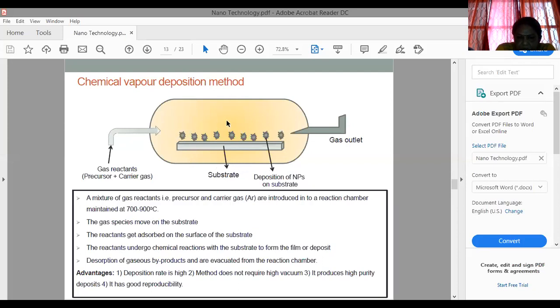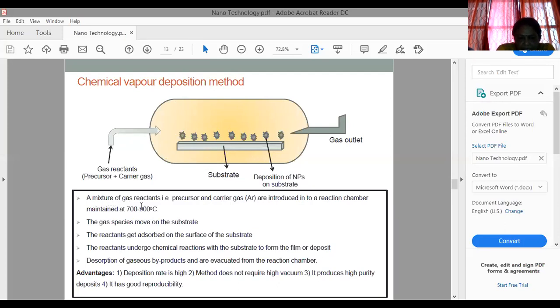Why do we use an inert carrier gas? To maintain inertness, so that there should not be any other particle added as impurity to the nanoparticle. That's why these inert carrier gases are used.